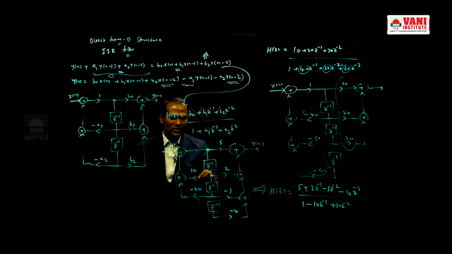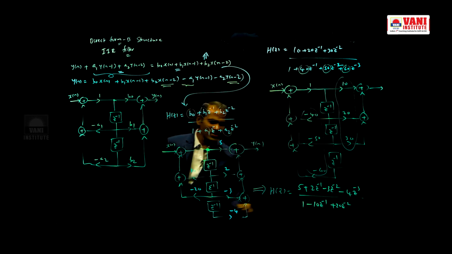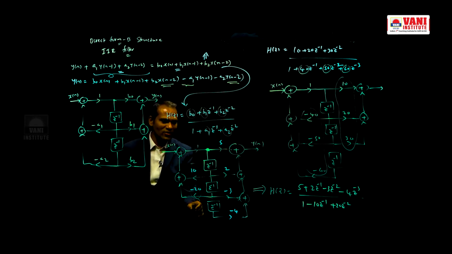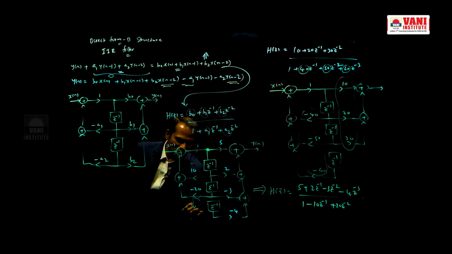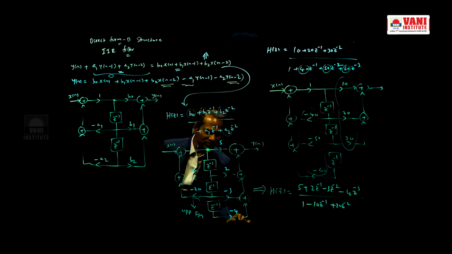So always the sign of the denominator numbers is opposite of these signs, that is minus 10 plus 20. Here these numbers will come with the same sign.